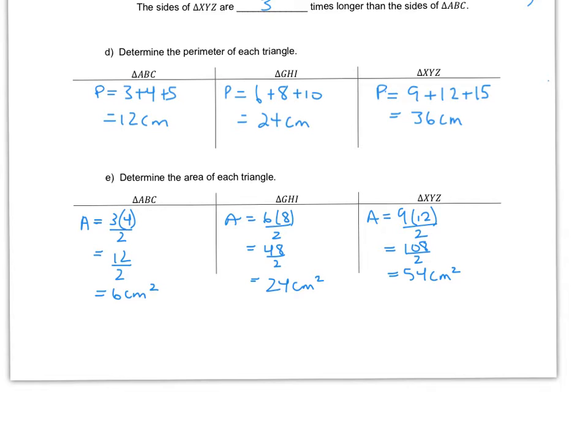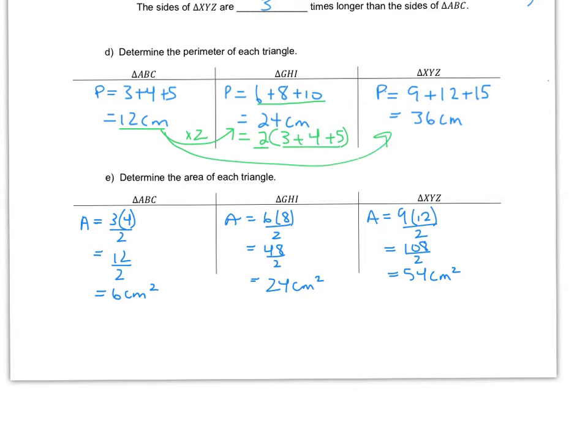So I've calculated the perimeters and the areas, and I just want to compare some things. If I compare 12 to 24, that's 2 times larger, which is just taking the original perimeter and multiplying by the scale factor. If I were to common factor 2 out of every term, 6 divided by 2 is 3, 8 divided by 2 is 4, 10 divided by 2 is 5, so we really have 2 times the original perimeter.